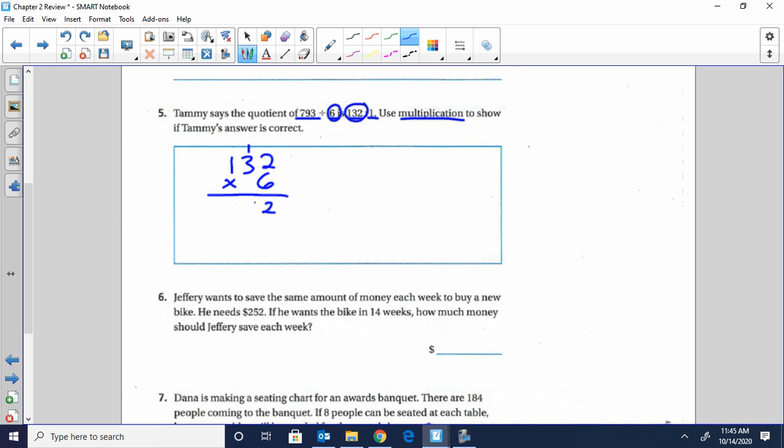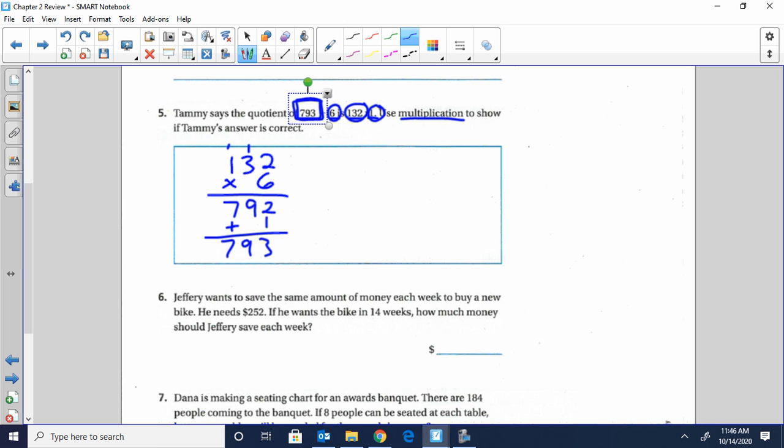Plus 1 is 19. 6 times 1 is 6. Plus 1 is 7. Then you add the remainder. So we're going to add remainder of 1. That is 793. And that gives us the dividend which we started with.